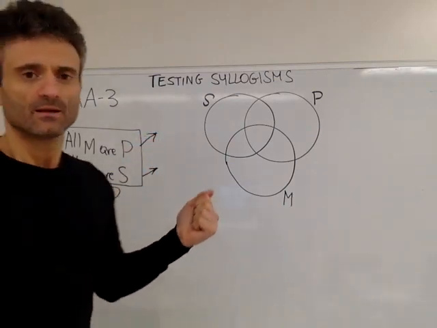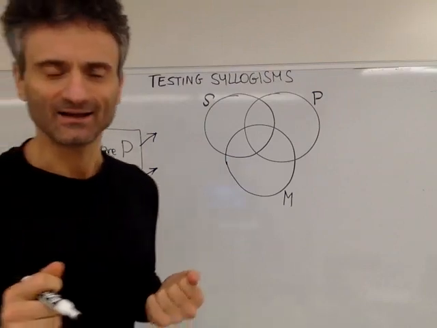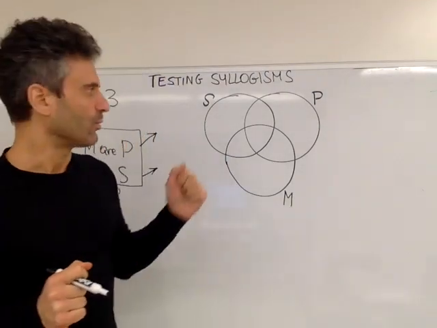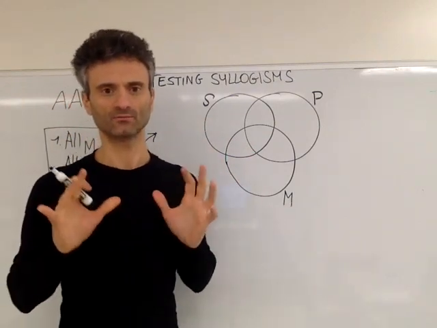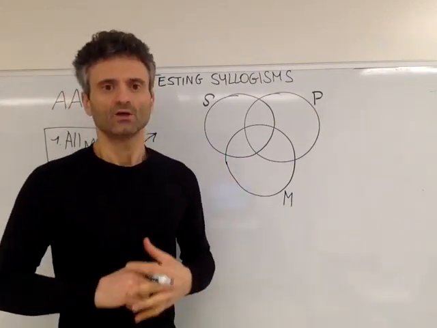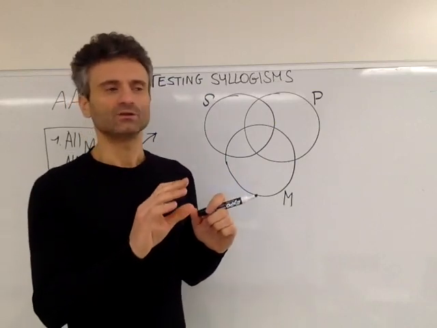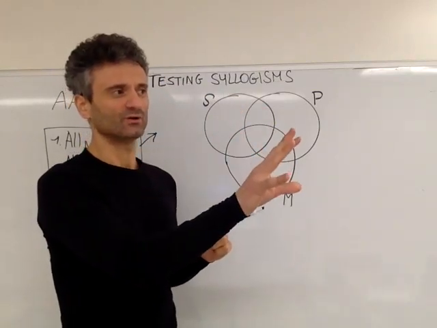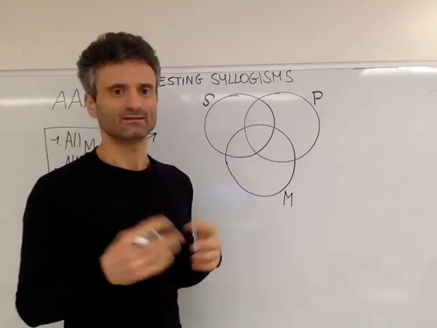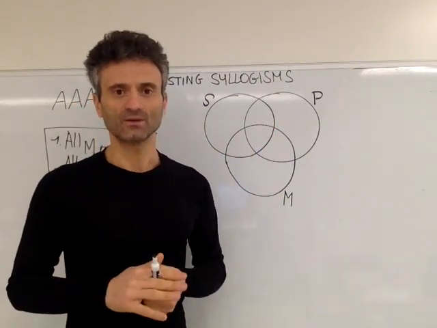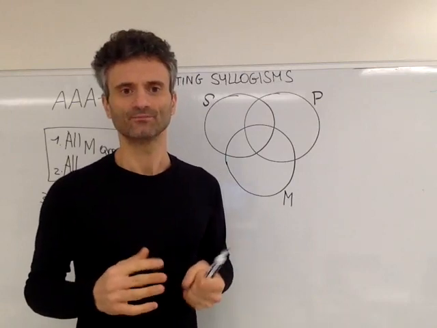And then the idea is that when you look at the diagram, after the process of diagramming premise 1 and premise 2, you look at the diagram, and if you see the conclusion diagrammed as a result, it means that the syllogism is valid.